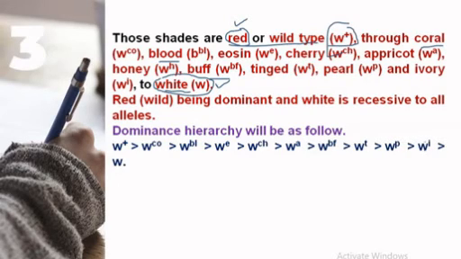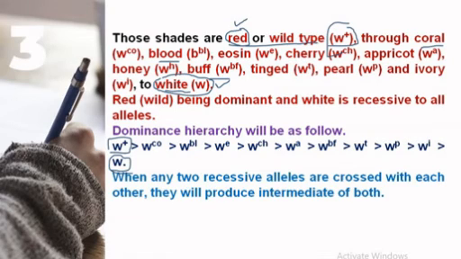Lastly, ivory is dominant to W, the white colored allele. So we can remember one thing: the first allele is the wild allele and it is dominant to all these alleles, and the last one, the first mutant allele, is recessive to all of them. This one is first and dominant, this one is last and recessive. So the hierarchy of dominance is like this.